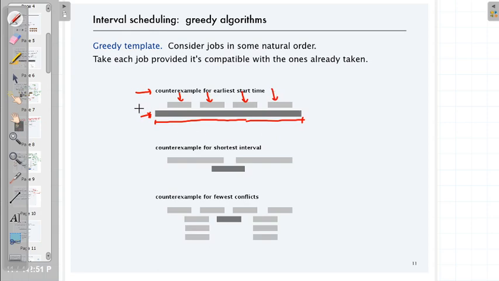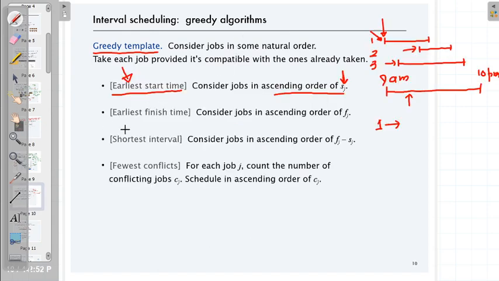But if I exclude this job using other algorithms, then I can easily accommodate all these jobs in that classroom. So this counter example eradicates the hope that the earliest start time template is going to be optimal. There is no hope that it will be the optimal one. And the next template, the earliest finish time, will be coming afterwards.